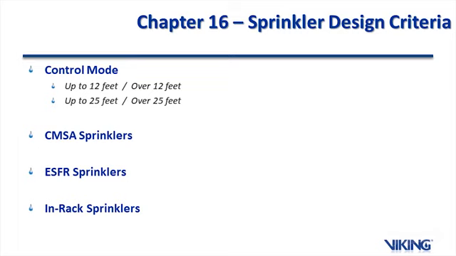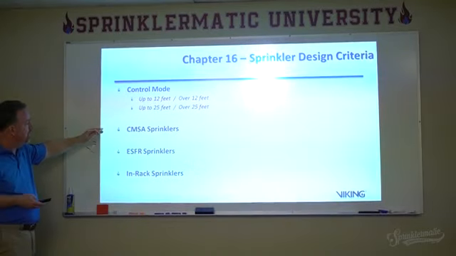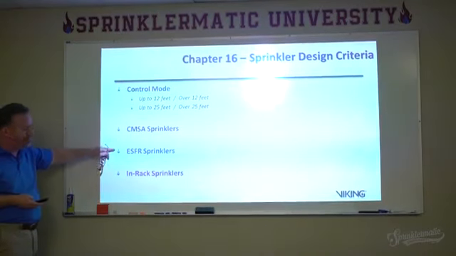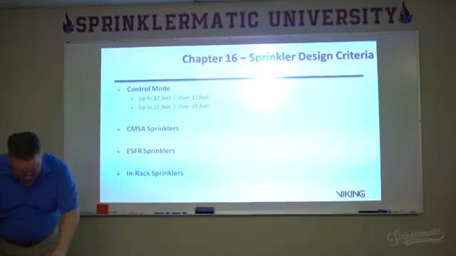We've got specific guidance given, and we break it out again from 12 to 25 feet or over 25 feet. There are specific requirements for each of those, just if we're using standard control mode sprinklers. CMSA sprinklers and ESFR sprinklers are also called out.